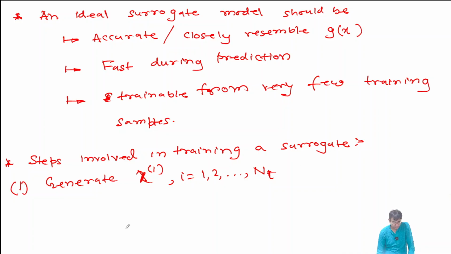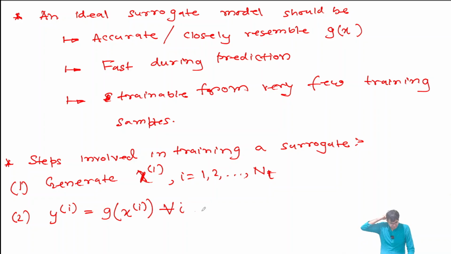Okay. Step 2 is, it is a supervised learning technique, although this is not a machine learning course, but you can understand regression is a supervised learning technique. So which means you will also need the label, which in this case is y, the limit state function, right. So you will evaluate y_i is equal to g of x_i for all i. Now, at this stage I would like to mention something.